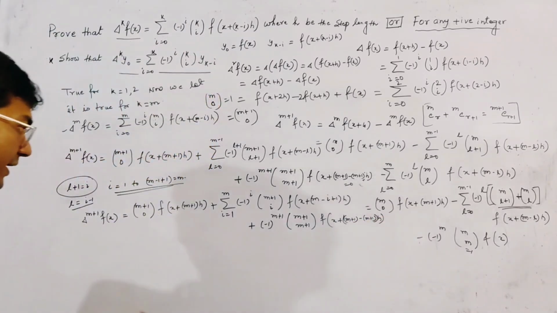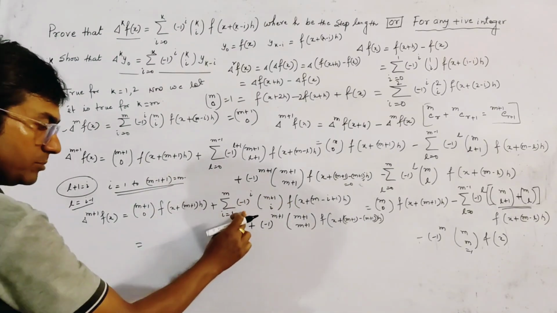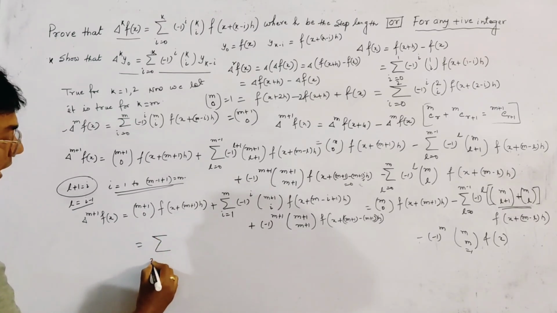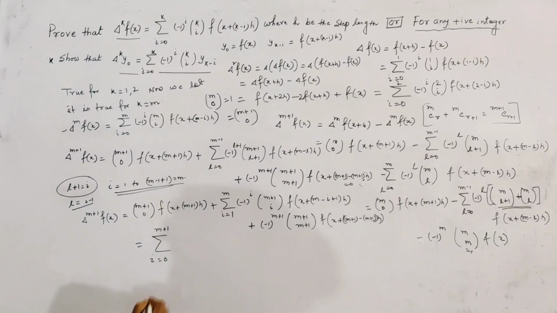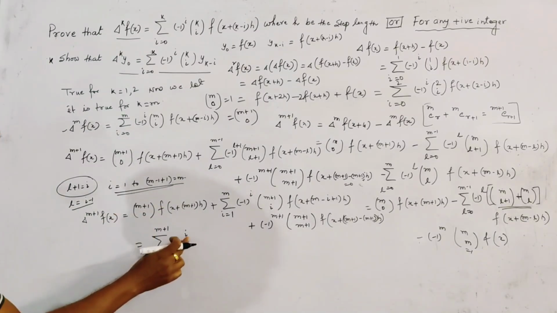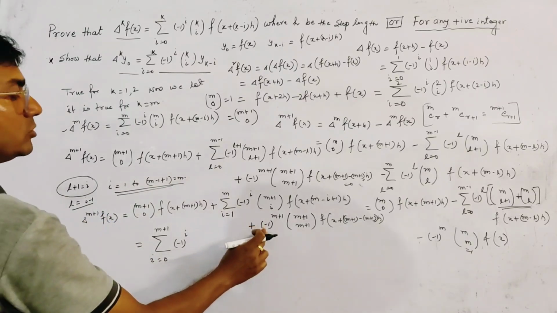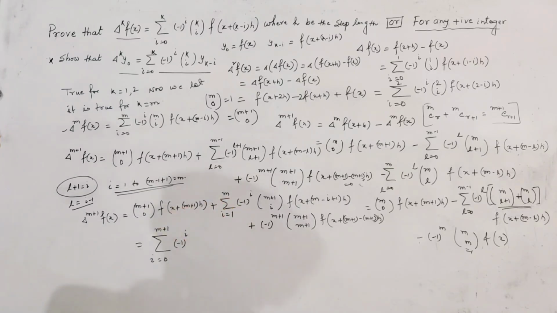Okay, and clearly these three terms, this term, this summation and this term, can be written in a single summation as summation I equal to 0 to m plus 1, minus 1 to the power I, because minus 1 to the power 0 is 1, and minus 1 to the power m plus 1 is present here, and the other terms are in the summation.